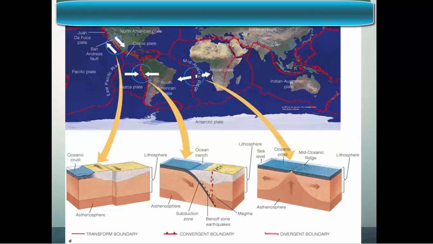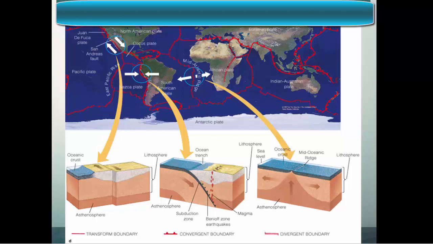We have the large Pacific plate and the North American plate, the South American plate, the African plate, which is composed of part oceanic and continental crust and lithosphere, the Indian Australian plate, the Eurasian plate. All these plates are rigid, and they're moving along on a hot and pliable upper mantle known as the asthenosphere.